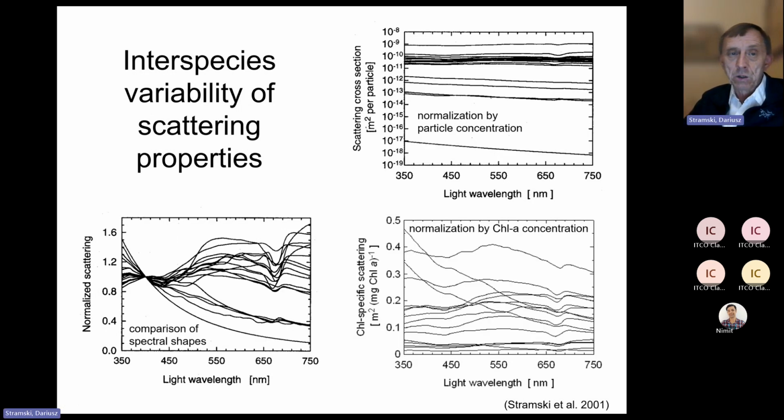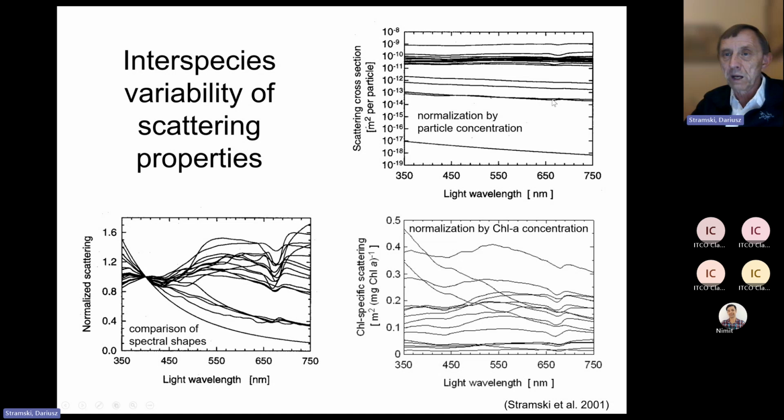And if we look at similar data, but for scattering properties, so scattering cross-section, the lower left-hand side shows normalized spectra of scattering to compare shapes, and on the right-hand side normalized to chlorophyll concentration. Again, you can see very large variability. Here viruses are included, so this is the lowest curve, the smallest scattering cross-section, not surprisingly, very tiny particles.